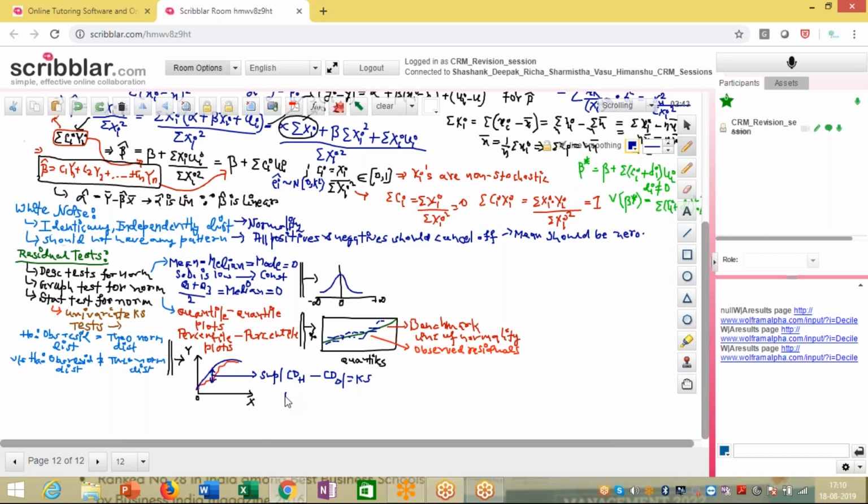So if the P is less than 0.05, then H0 is rejected at the alpha level of significance.